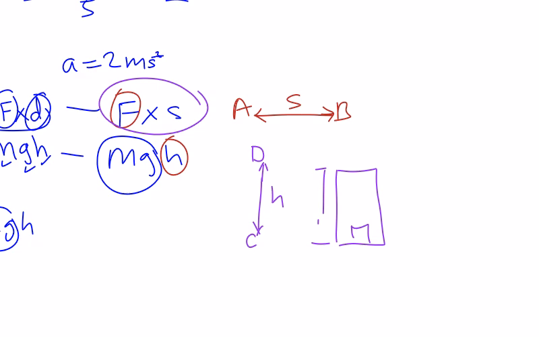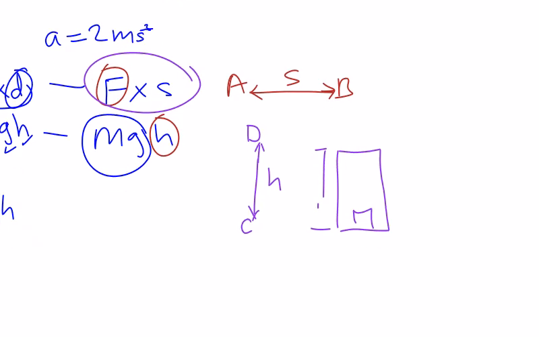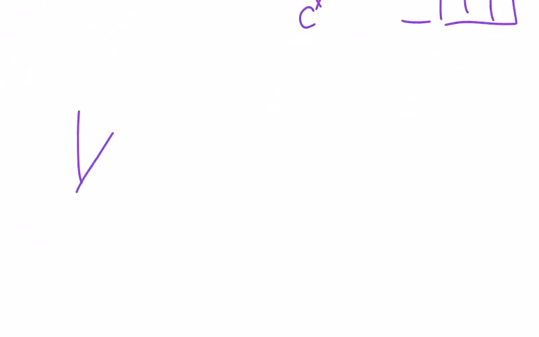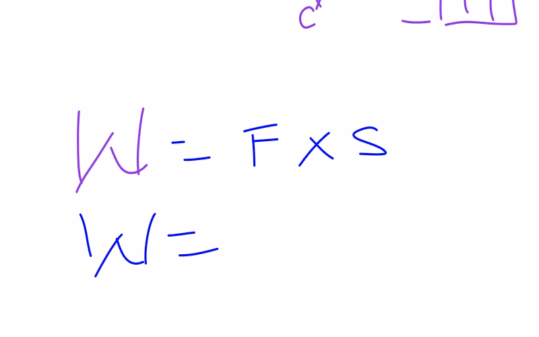So that's different. So now you can see that work, W, is equal to F times S, that is force times distance. Also W is equal to mgh.